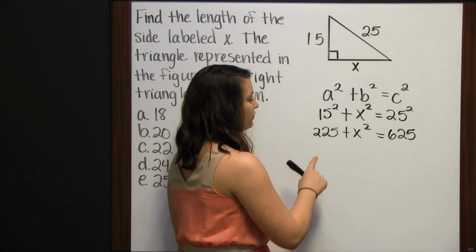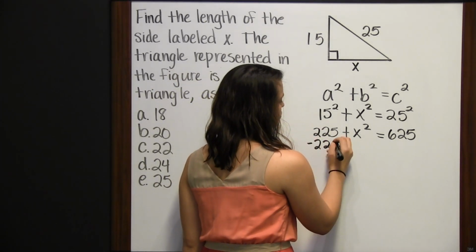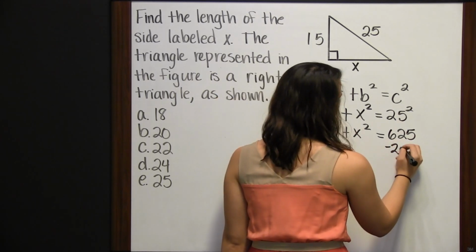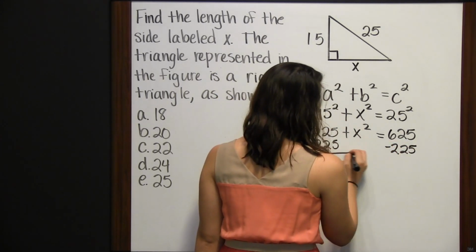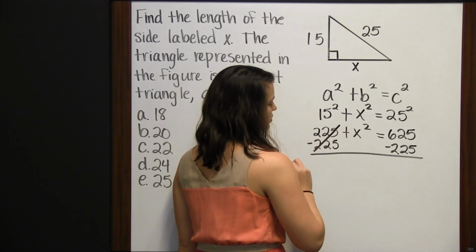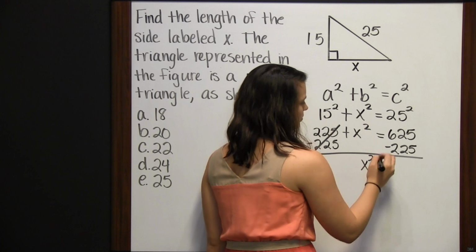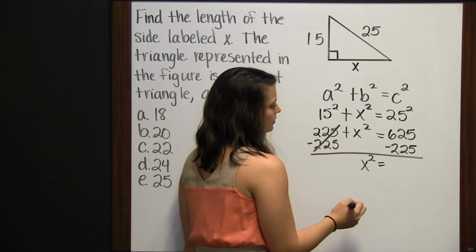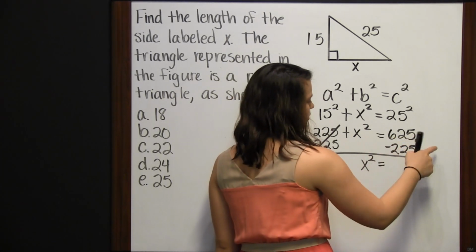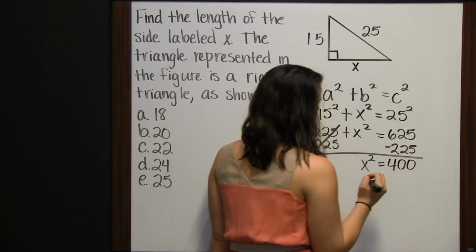To do that, the first thing we need to do is subtract 225 from both sides. 225 minus 225 is 0. Bring down the x squared term, bring down the equal sign, and 625 minus 225 is 400.